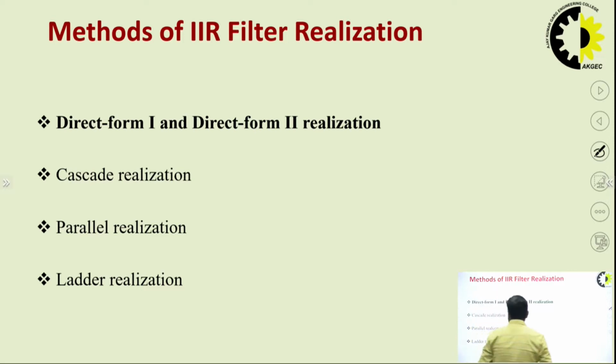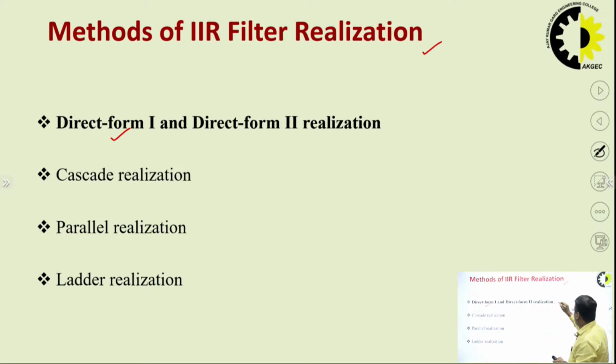Next, these are the different methods of IIR filter realization. First method is direct form 1 and direct form 2 realization, then cascade form, then parallel form, then ladder. So, these are the different forms of realization of IIR digital filter.